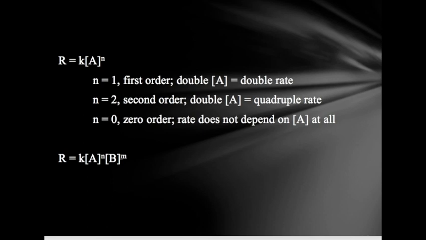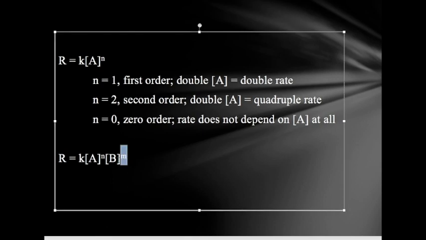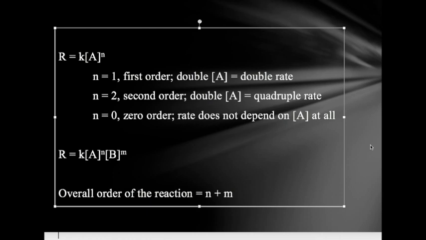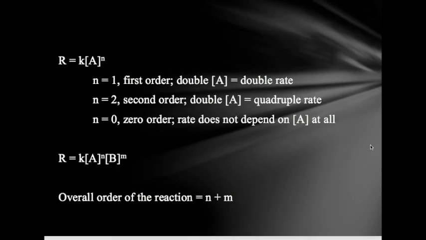We could say it's first order, this was 1, with respect to the second reactant. Or we could say that overall, it is a second order reaction. So the overall order of the reaction, first, second, whatever, is going to be equal to N plus M. So the whole reaction overall, I would say, is second order.